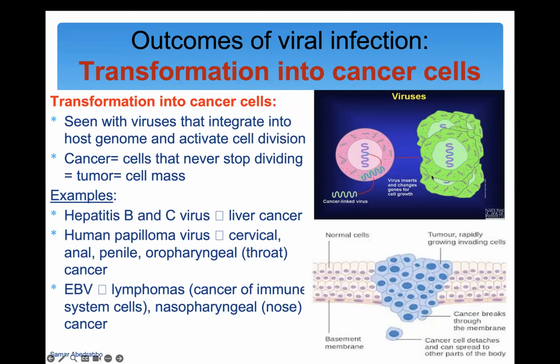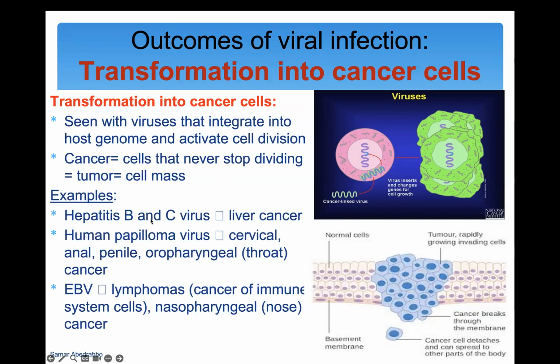Certain viruses can trigger changes that lead to normal cells dividing continuously. And with these viruses, they basically trigger this in one way or the other. Examples are hepatitis B and C viruses, which may, it doesn't mean they will, but they may be able to trigger liver cancer.